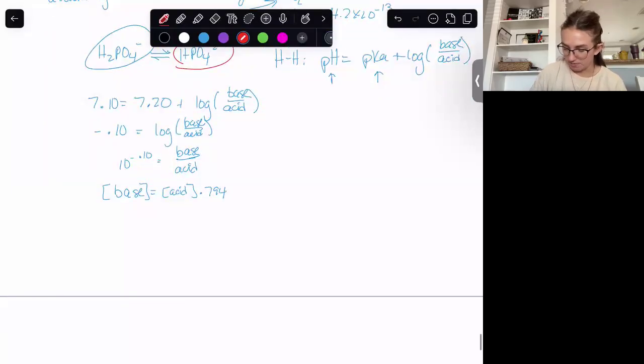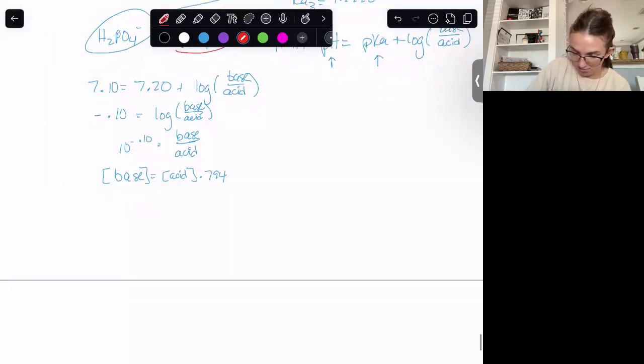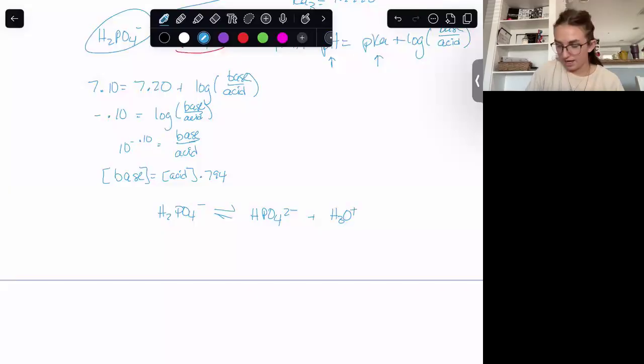So if you're looking at an ice table, your initial is say 1 and 0.794. You're adding acid, which means you're adding to this side, putting acid in solution.